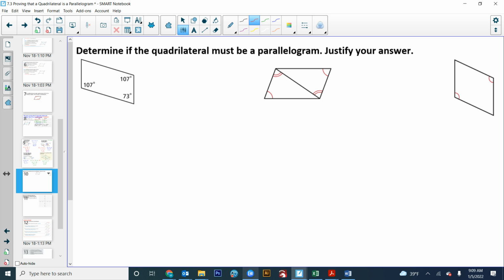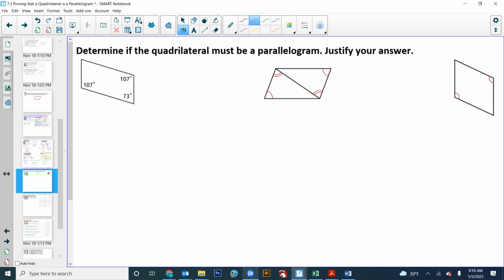They're not that hard, okay? They're very similar to each other. Some are a little different, but when you look at a picture like this, you have to recognize if a condition has been met or not, right? And you have to know them well enough to be able to do that. For example, if I covered up this 107, I only have one pair of consecutive angles supplementary, right?